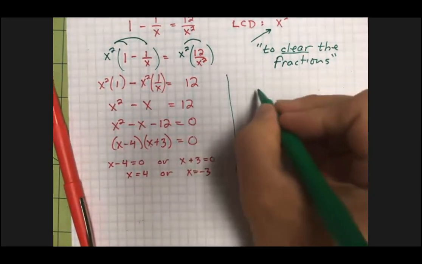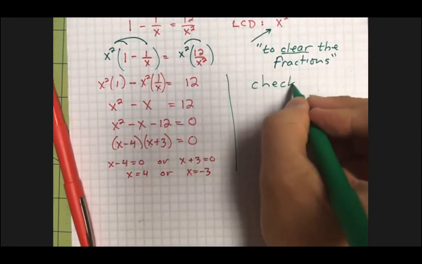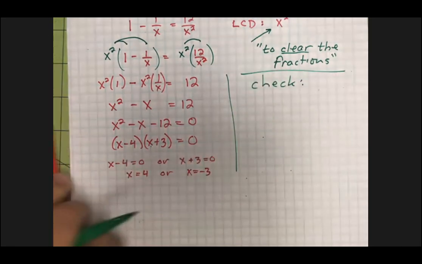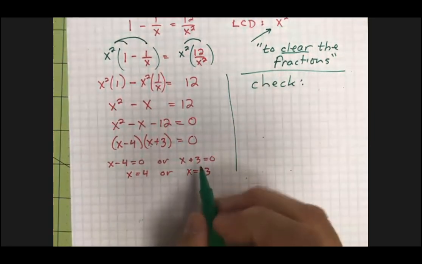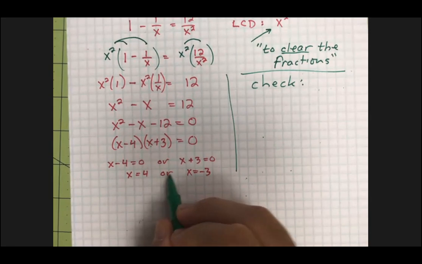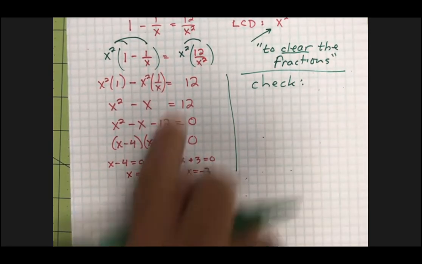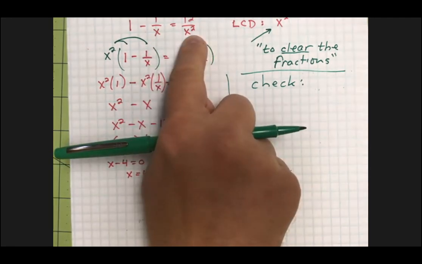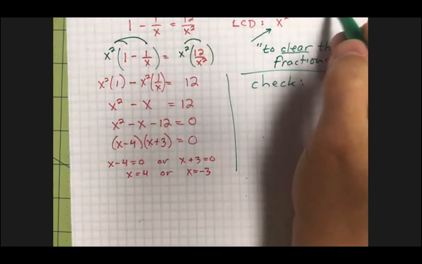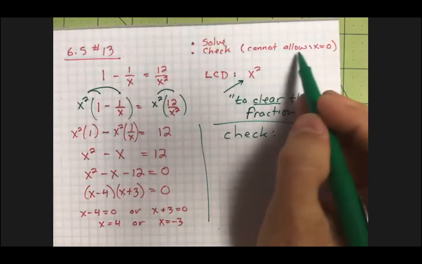Now, what about the check? Well, I've got something going for me very strong right now, and that is neither one of these numbers is 0. So I'm not going to screw up the denominator. I cannot allow x to be 0. That was what I said at the very beginning.